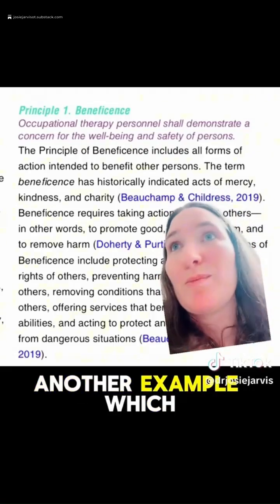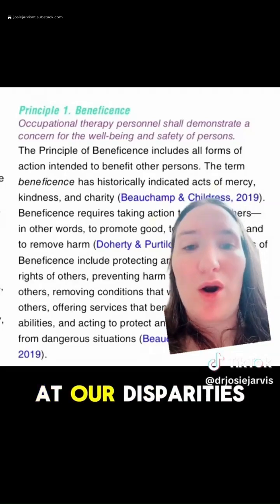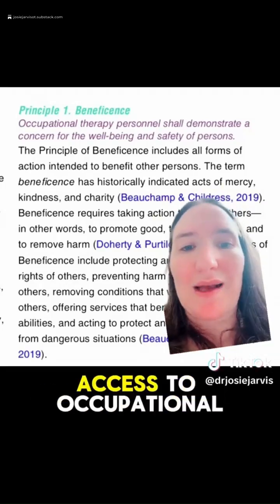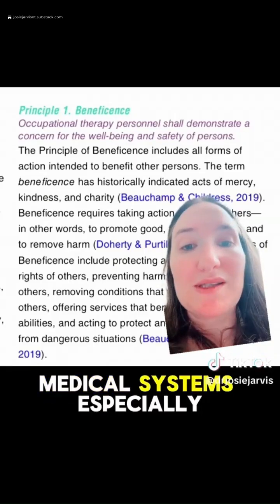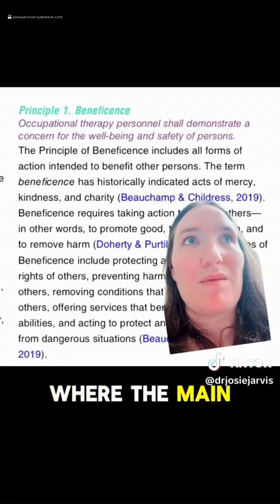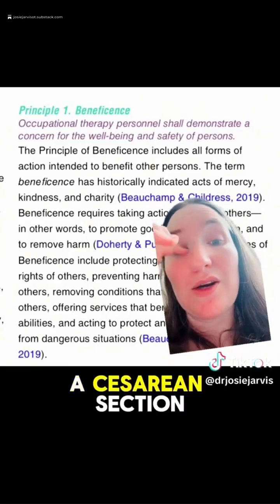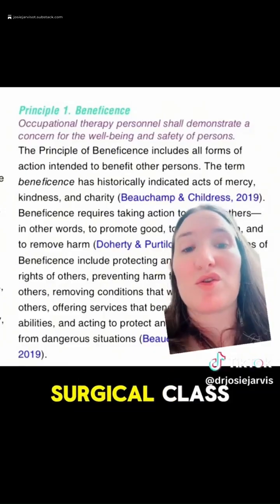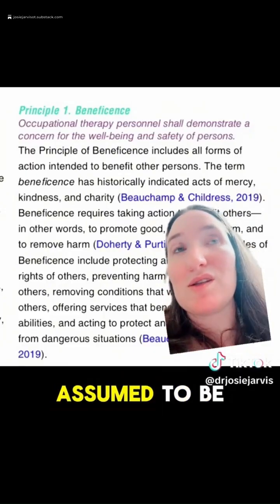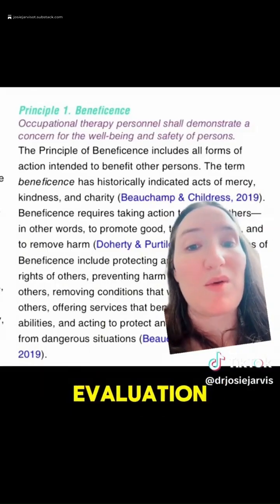Another example, which I'm hoping to make a video on in the next couple, is looking at our disparities in who gets access to occupational therapy and physical therapy in traditional medical systems, especially where the most commonly performed surgery in the United States, a cesarean section, is pretty much the only significant surgical class that's not automatically assumed to be warranted in occupational therapy and physical therapy evaluation.